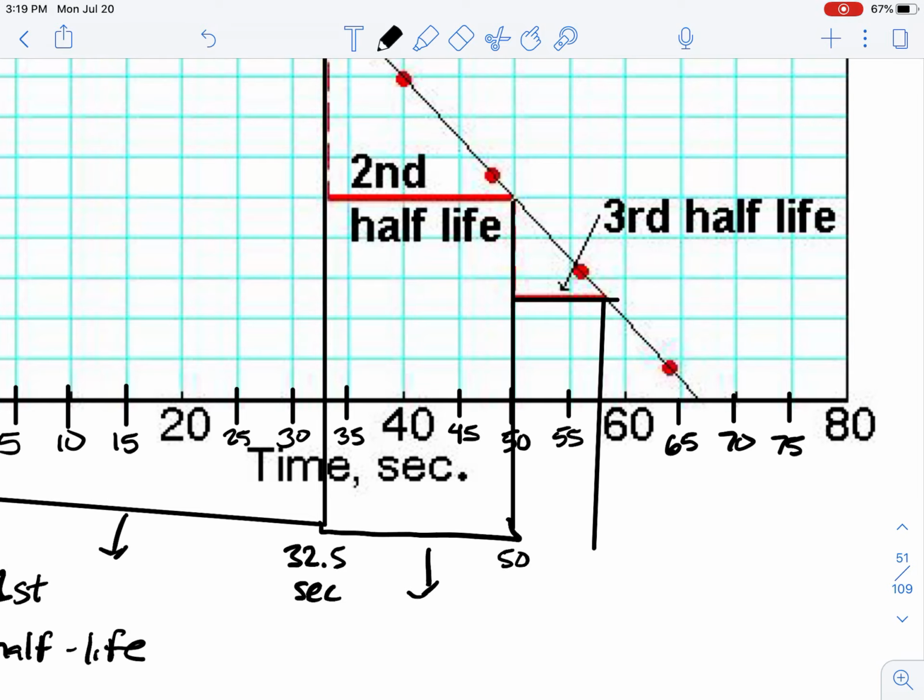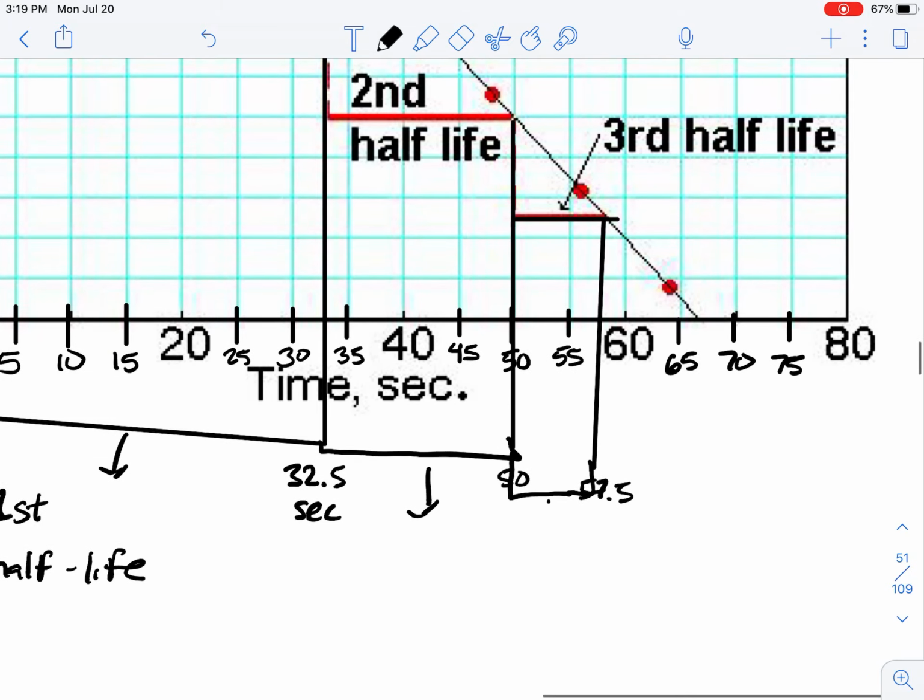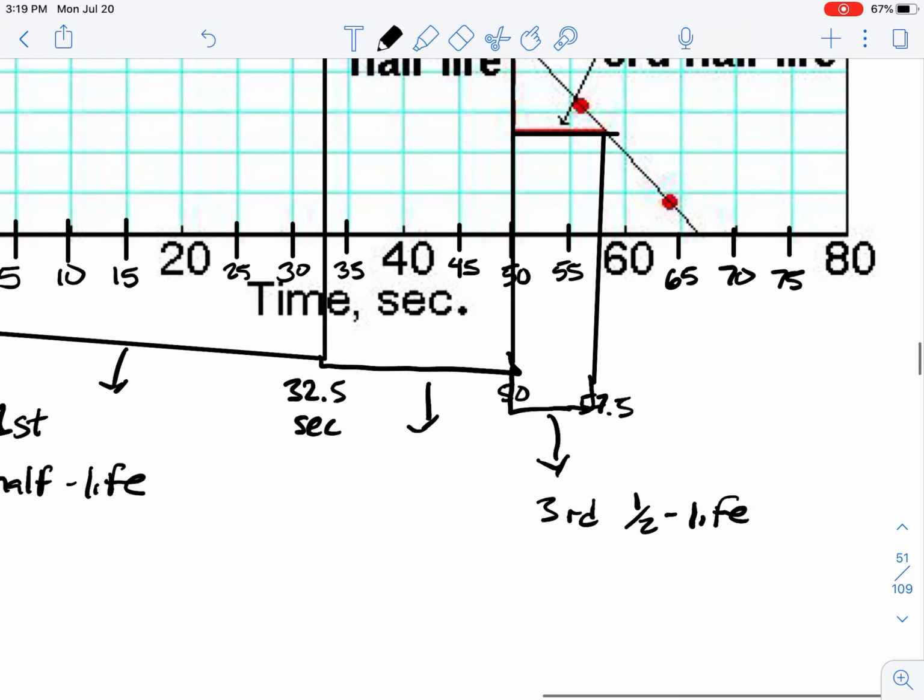So let's just say that it's 57.5. Here, the third half-life takes about 7.5 seconds.